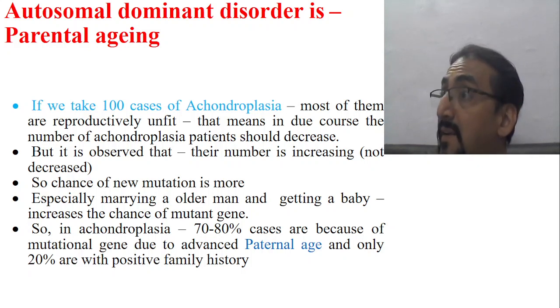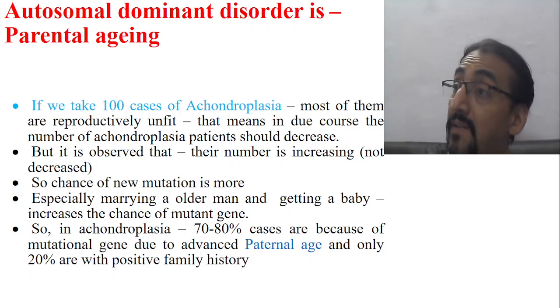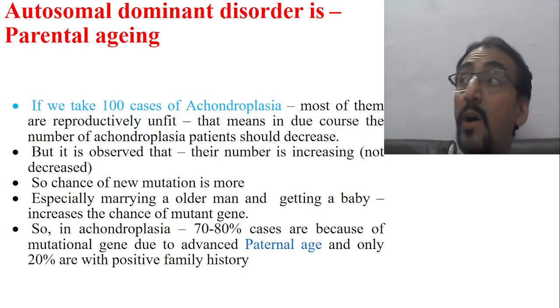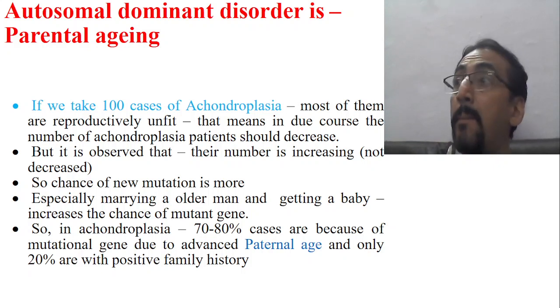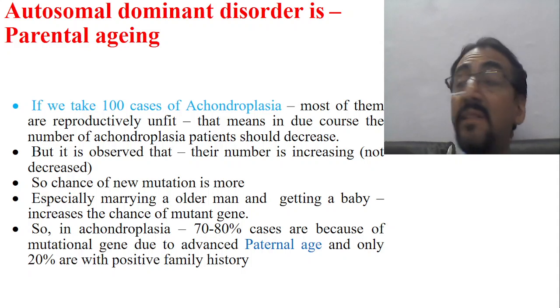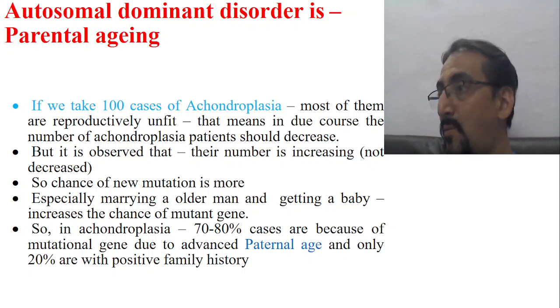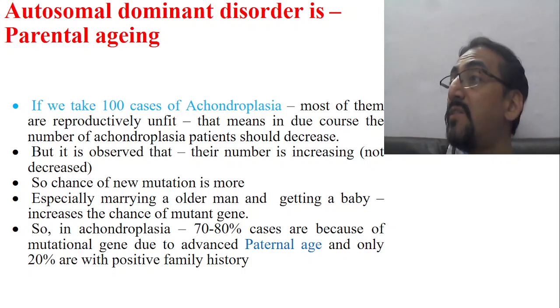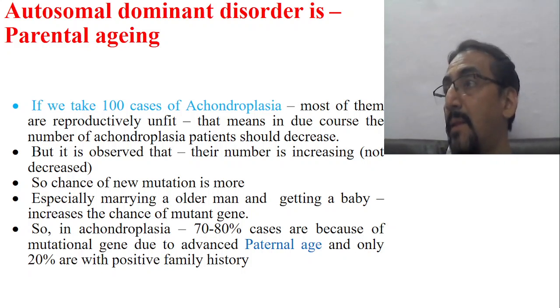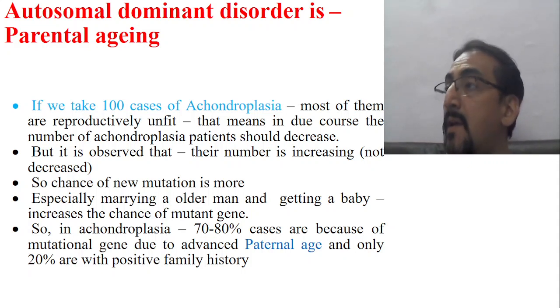So that means some new mutation is happening. The disease is manifesting because of some new mutation. What was observed is that an older man having a baby increases the chance of a mutant gene. Where is this new mutation happening? If a lady marries an old man, that means paternal aging, the father's age.